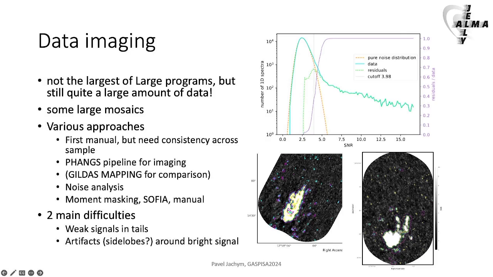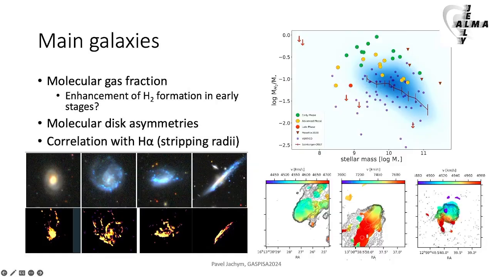Just one thing. We decided to use the FANGS pipeline to have a consistent way of producing the clean images. As a first result, on the top right, this is the H2 mass fraction for the sample compared to the Saintonge sample and the vertical sample.